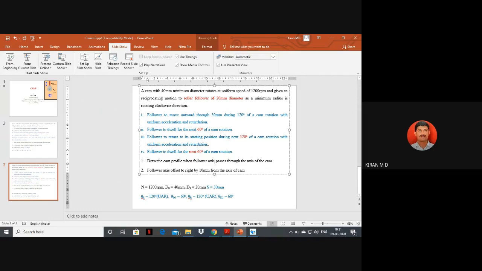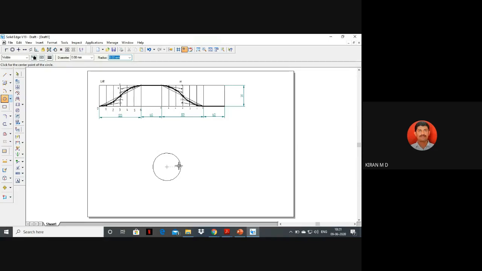So I will consider the radial follower, which means the axis of the follower passes through the axis of the cam. Then you draw the axis line from this center.